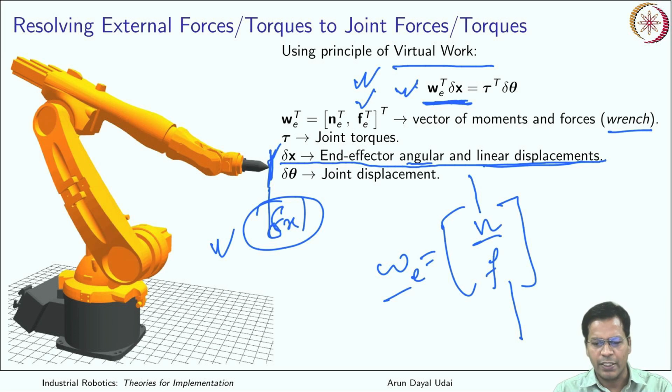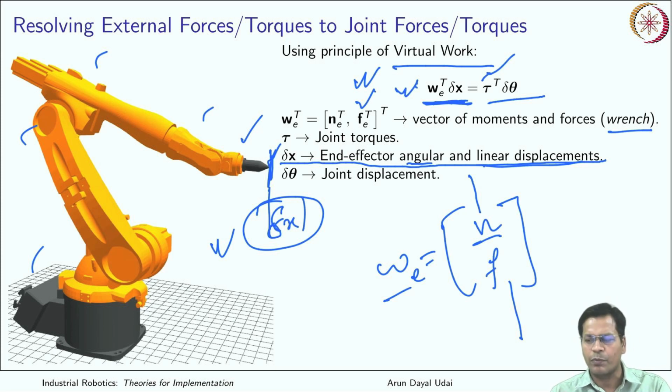And the second part is the input work done by the joints. It is nothing but the array of torque at each joint: tau 1, tau 2, tau 3, tau 4, tau 5 and tau 6. So it is all the 6 joint torques for a 6 degree of freedom robot. Definitely it will be different for a 7 degrees of freedom robot.